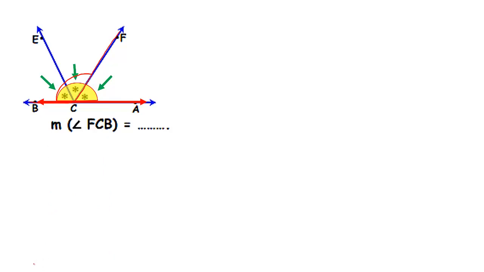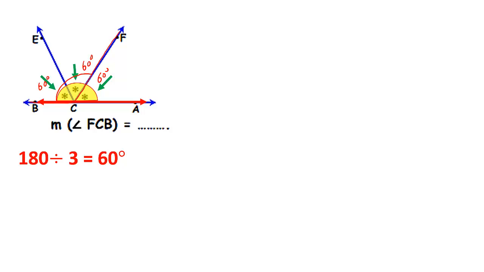I want to divide this 180 equally on the 3 angles. As a result, each angle is equal to 60 degrees. So, I have here this angle equal to 60 degrees, this one also 60 degrees, and the third is 60 degrees as well.